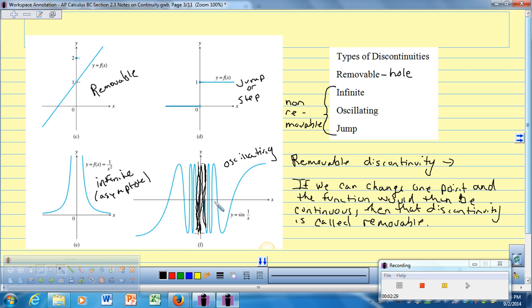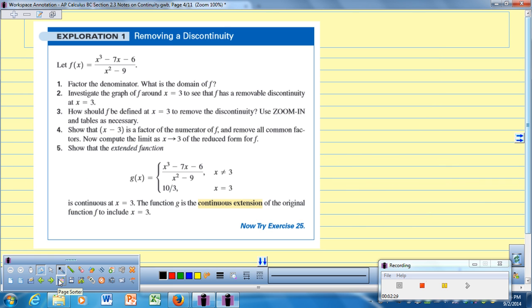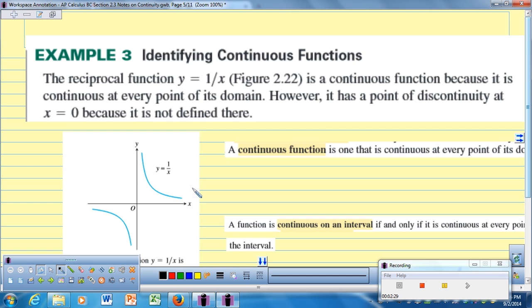So by the definition of the limit, there is no existing delta such that I would stay within epsilon units of a given limit, because this function keeps bouncing back and forth between 1 and -1. So that's a quick explanation of why this type of function is called an oscillating discontinuity. We may get back to this exploration on block day, so we're going to skip this for now.